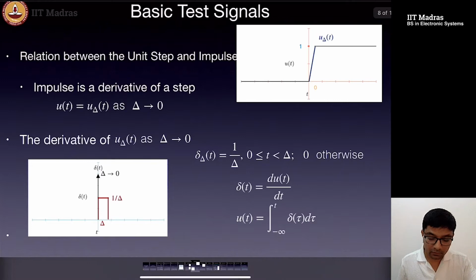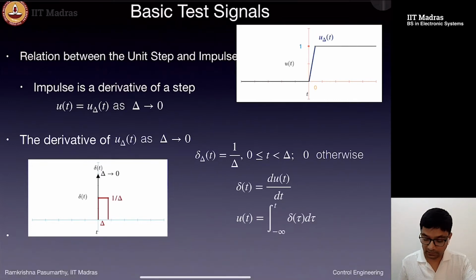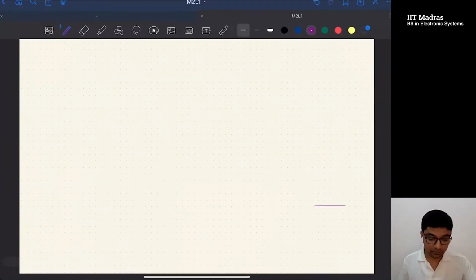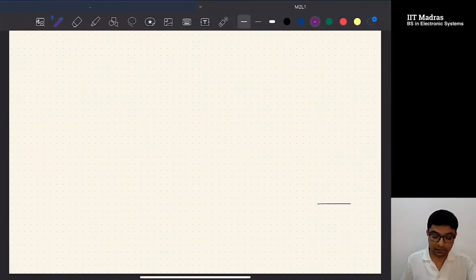Okay, so what is fascinating here, and how do we derive in general what is called the impulse response of systems? Let us maybe look at a discrete time version of this.